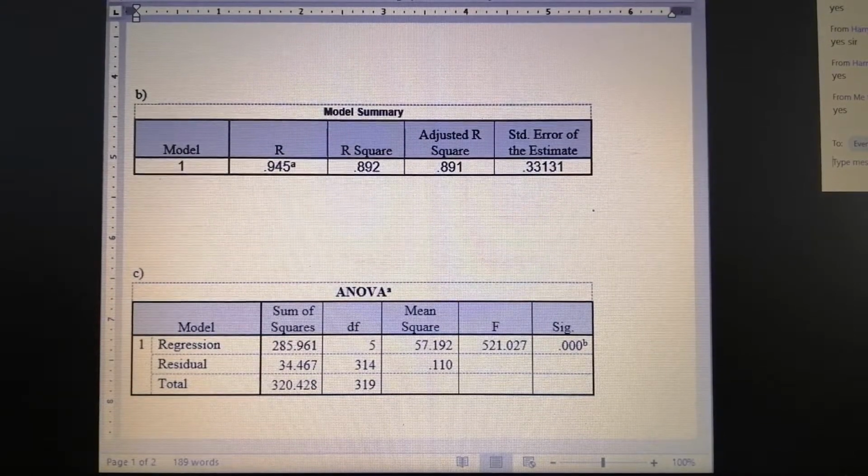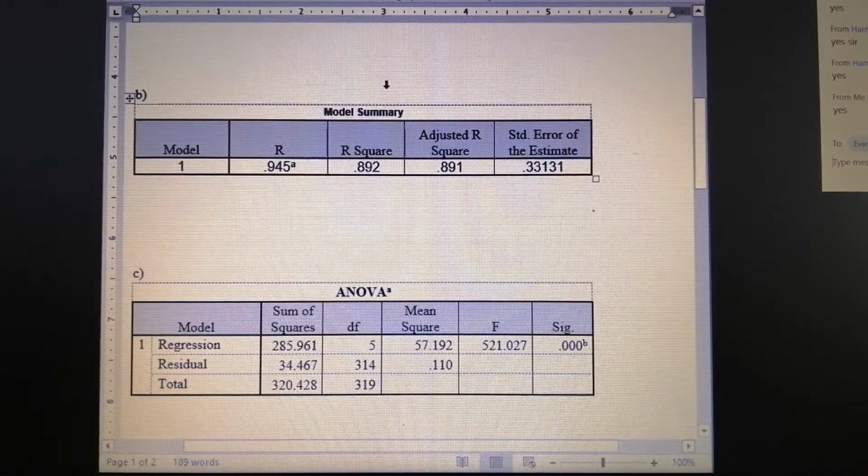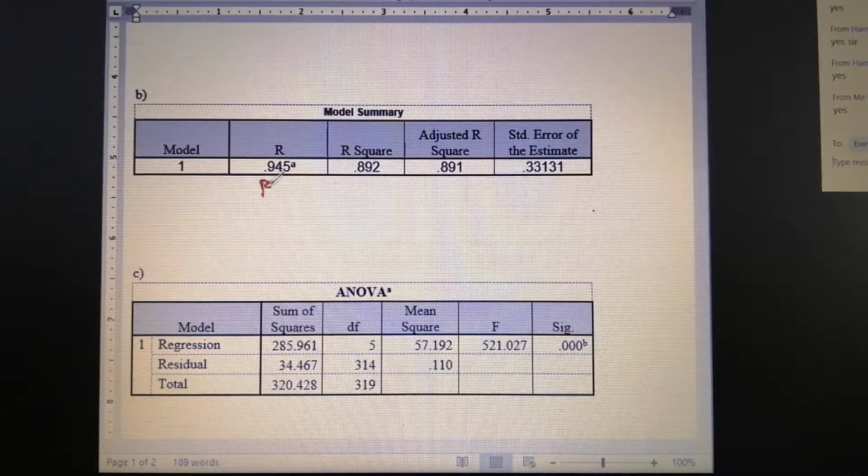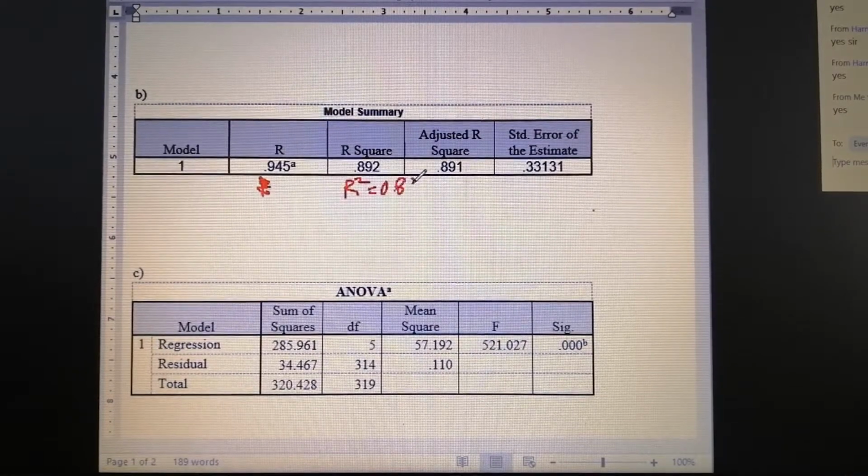Your r square will be given. Okay, r square, we know that r square is there. The r square already given is 0.892.